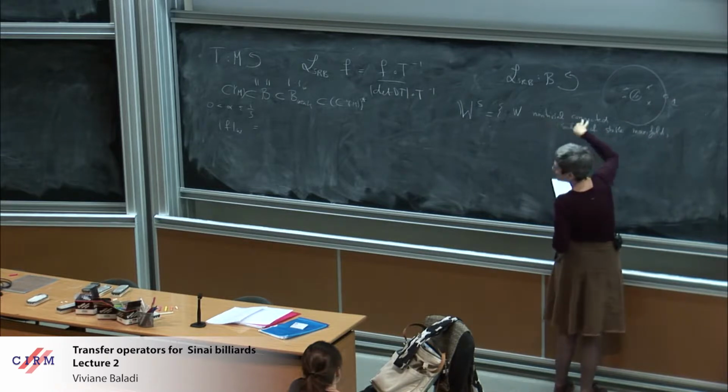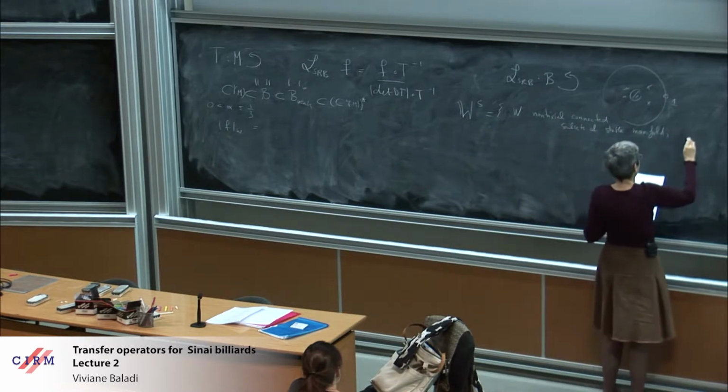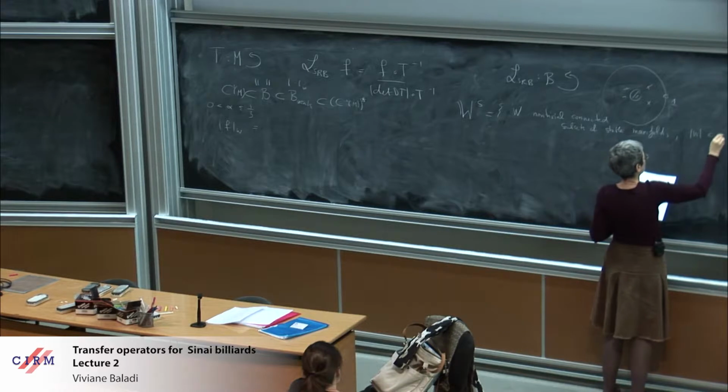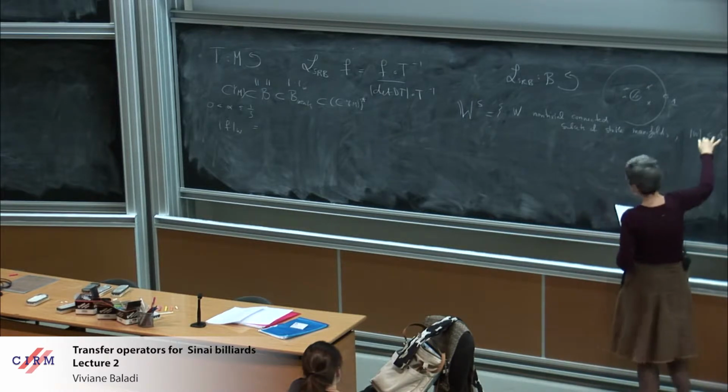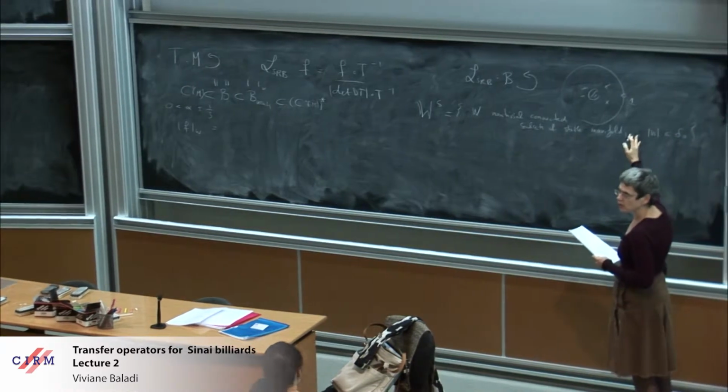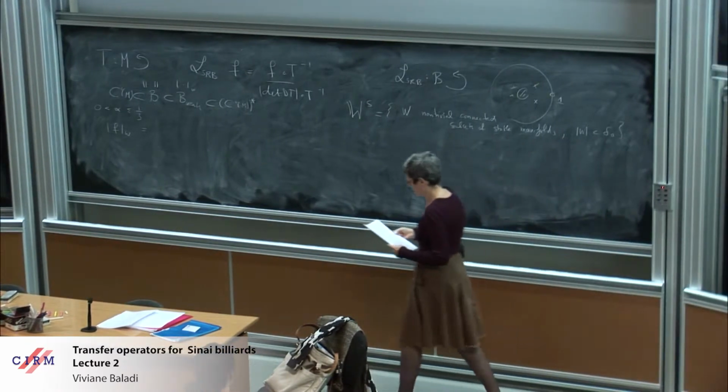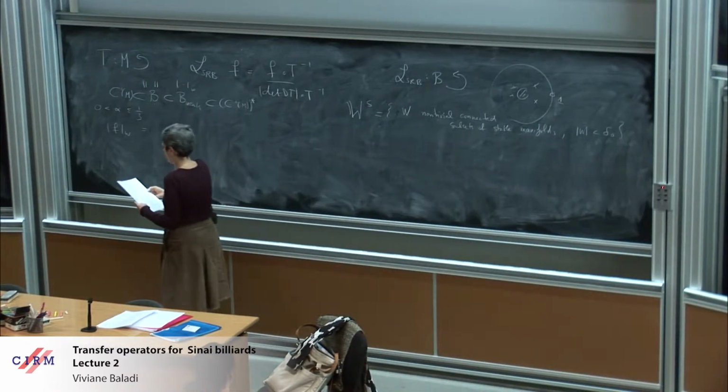Since we're in dimension 2, these are curves, right? With lengths not too big, and delta 0 is a parameter that you have to choose small enough at some point. I'm not sure I will be able to tell you exactly when, but at some point you have to take it small enough.